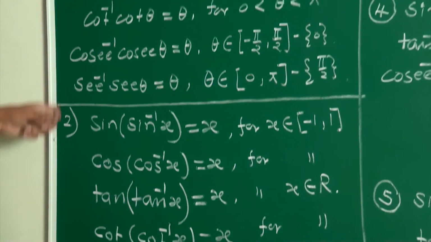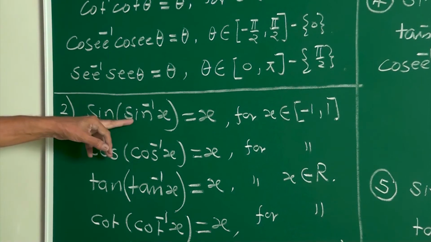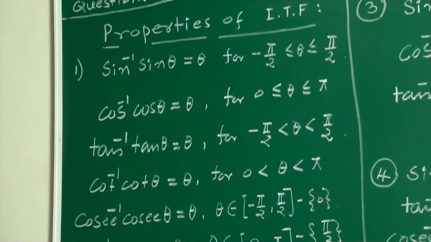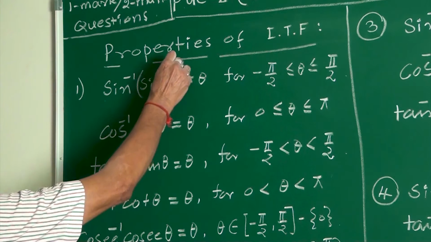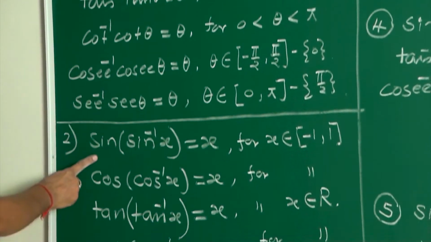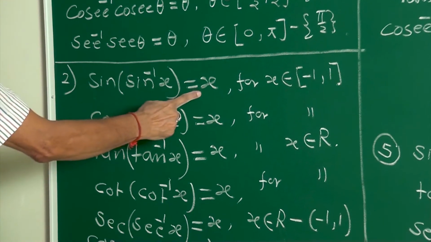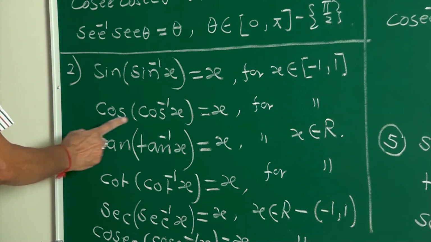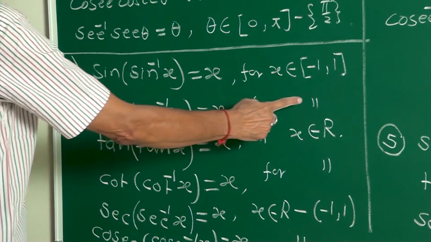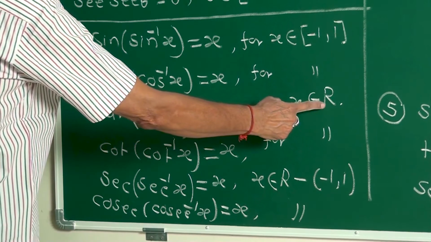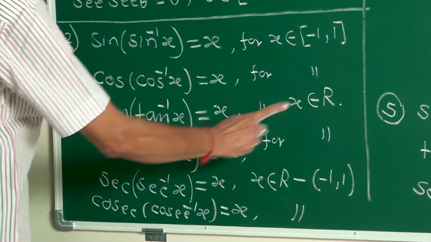This is the first property. This is the second property. Sine of sine inverse x is x, for x lying between minus 1 to plus 1. Cos of cos inverse x is x, same interval. Tan of tan inverse x is x, for all x belonging to R, the set of real numbers.